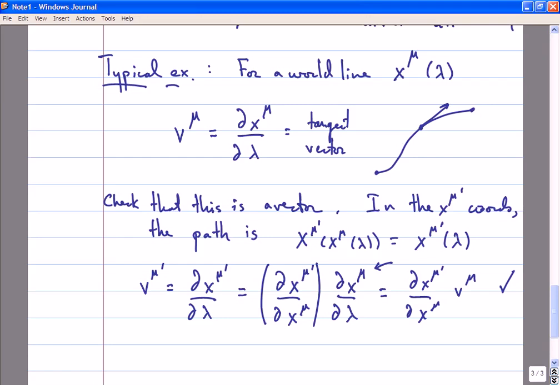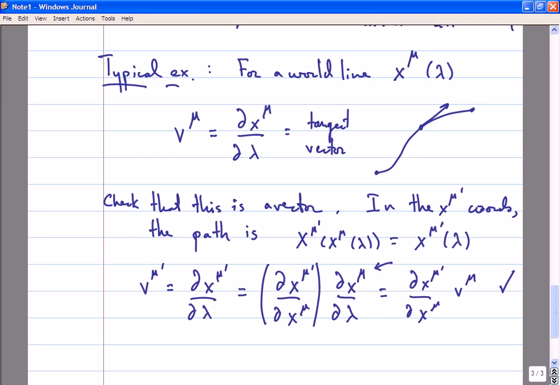Any questions? Yes? What's the meaning of if dt d lambda is equal to 0? If you're stationary in time. If dt by d lambda is equal to 0? There are certainly geodesics where dt by d lambda is equal to 0. That would be a space-like geodesic, describing a world line that moves faster than the speed of light.